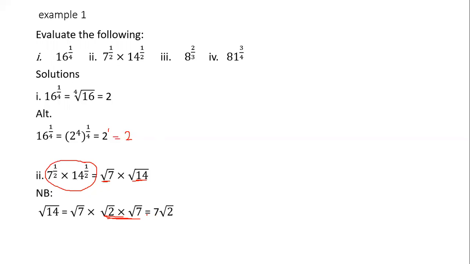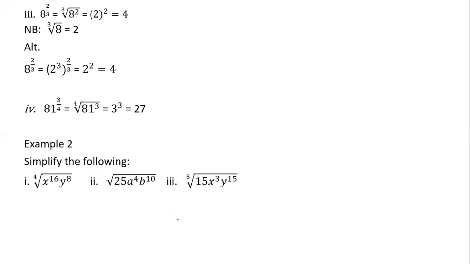We multiply root 7 by root 7, it will give us 7, multiplied by root 2. Or we can apply the multiplication law here: 7 power half times 7 power half is the same as 7 power half plus half, which is 7. Now multiply by root 2. So the answer will be 7 root 2.